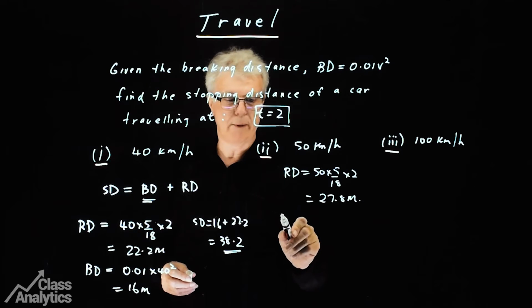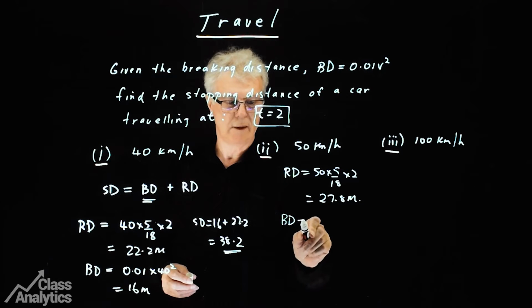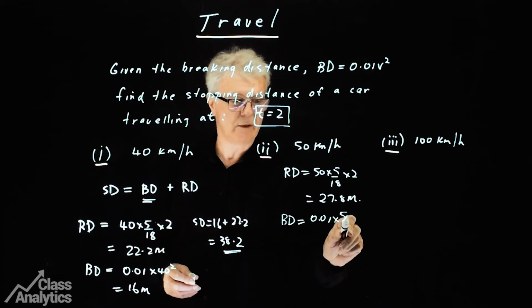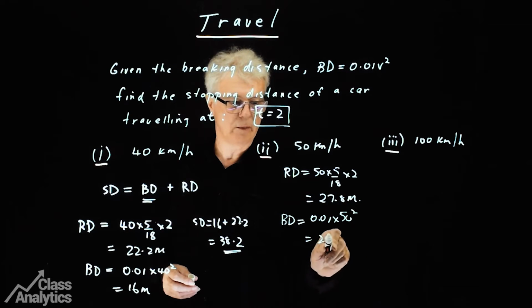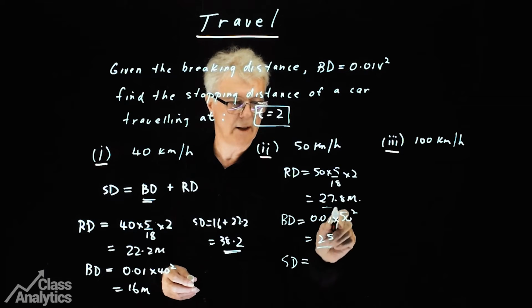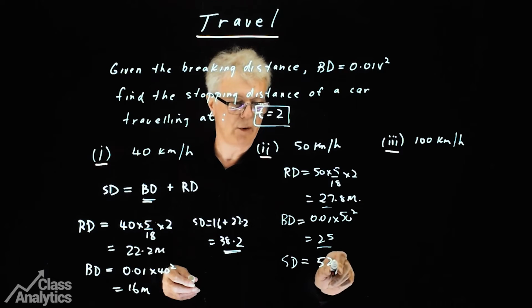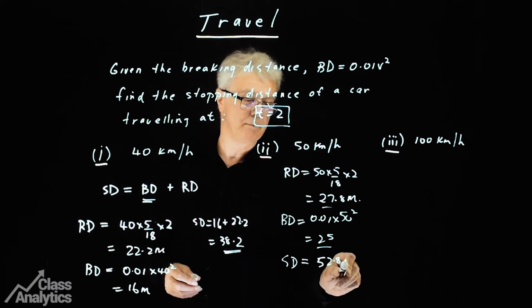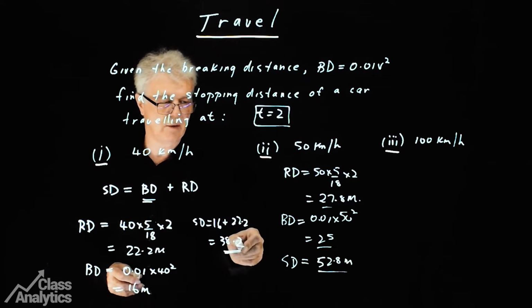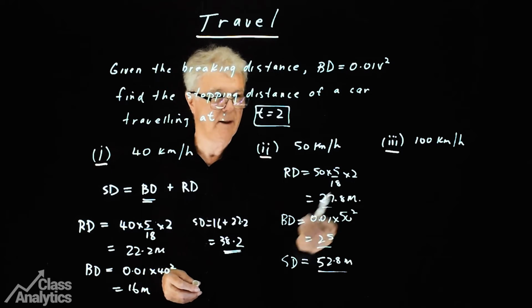Now to get the braking distance, that's going to be 0.01 times 50 squared. That comes out to 25. So the stopping distance, these two added together, is going to be 52.8 metres. Yep. Okay, so you can see the increase, 38.2 to 52.8 now.